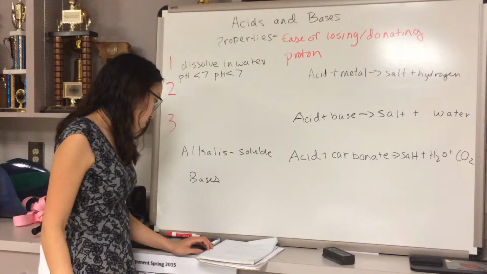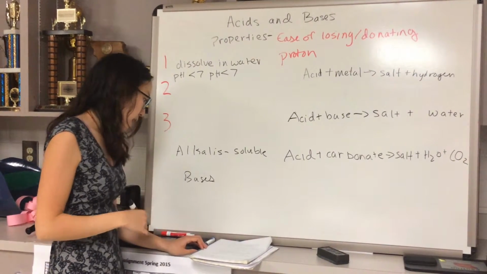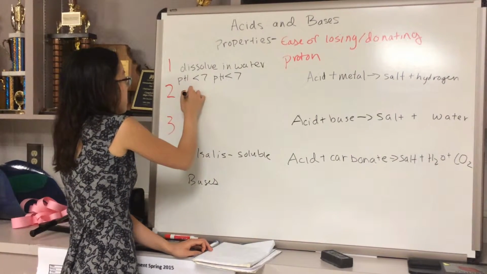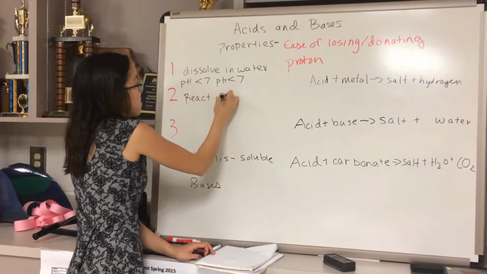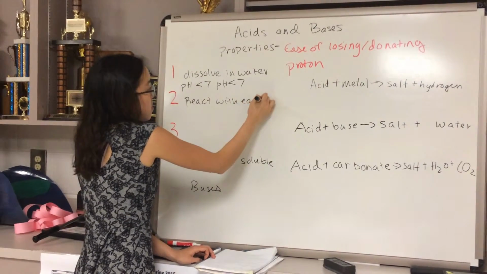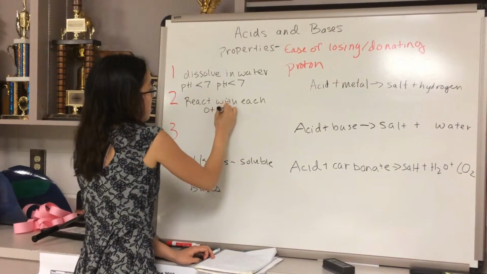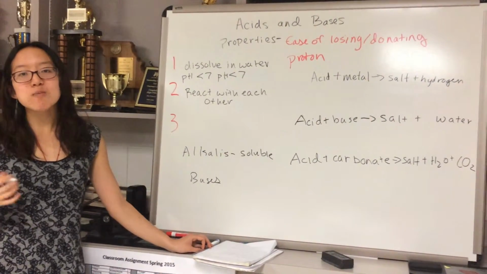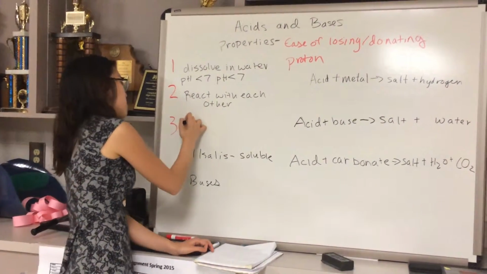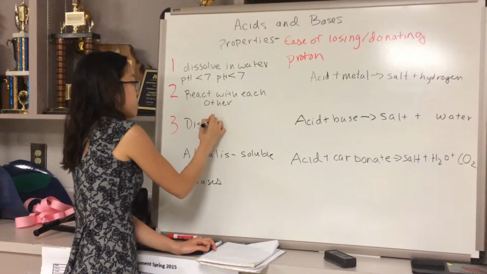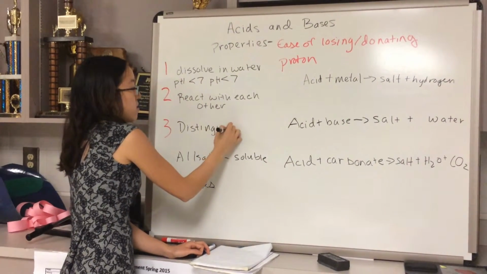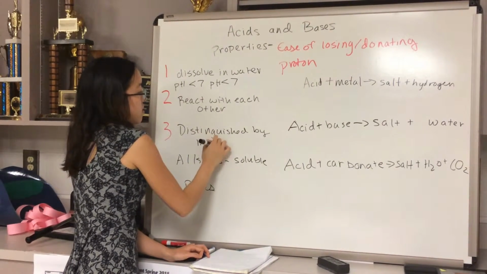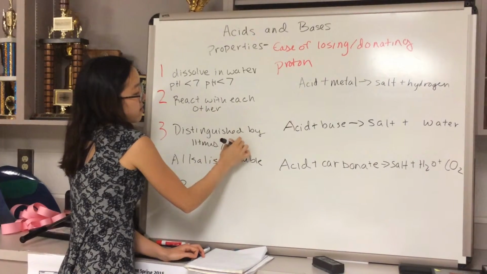The next one is that acids react with bases to give a salt and water. They react with each other. And the last characteristic is the fact that they can be distinguished by different litmuses or indicators.